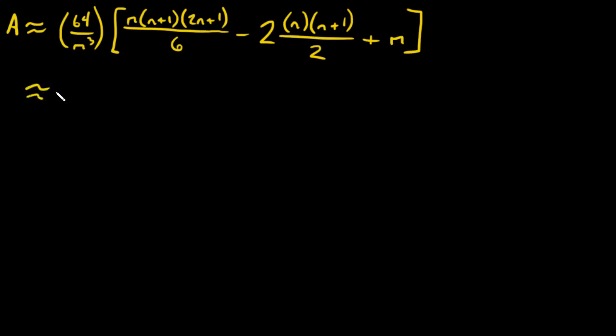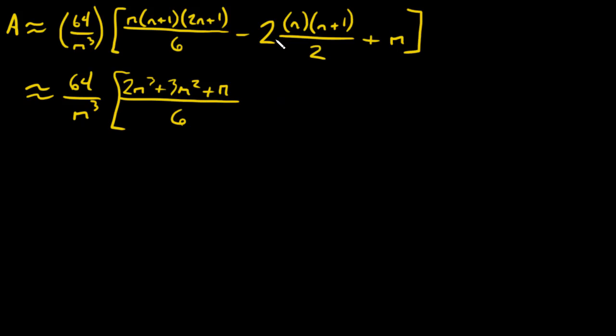So the area is approximately equal to 64 over n cubed times this one evaluated into, was it 2n cubed plus 3n squared plus n, I think is what we got, over 6. And then 2 over 2 is going to go away. This is going to wind up being minus n squared plus n, and then plus n.